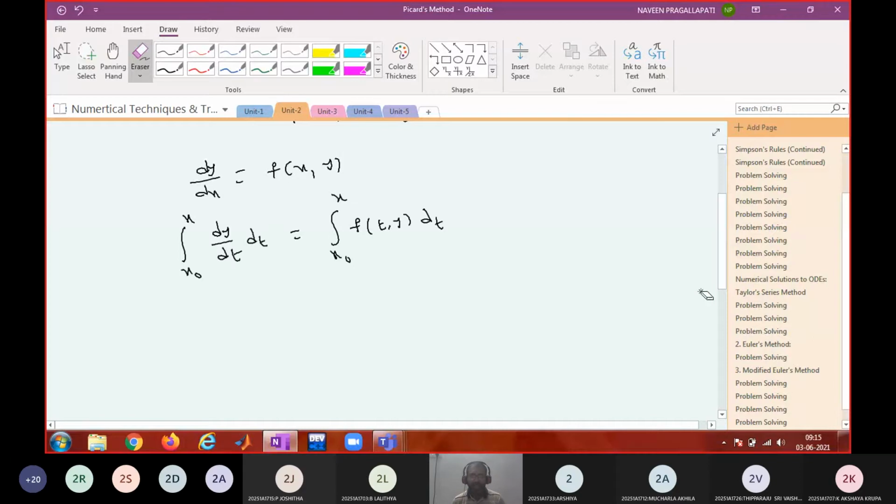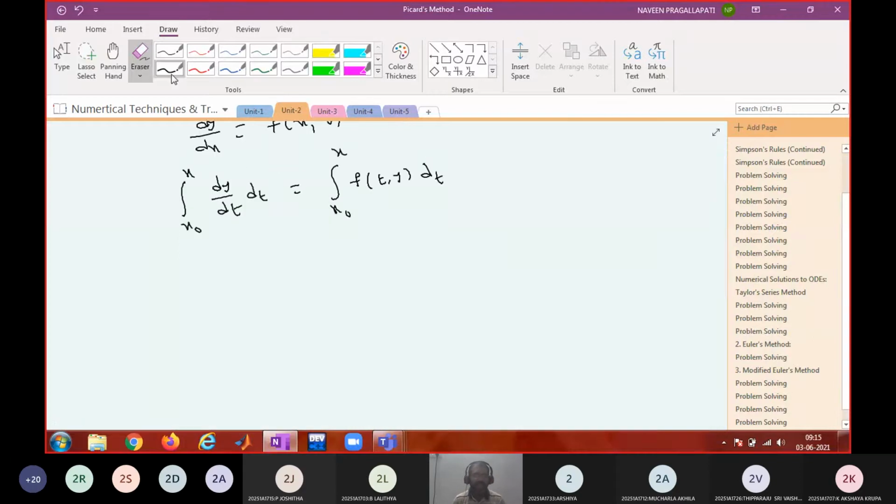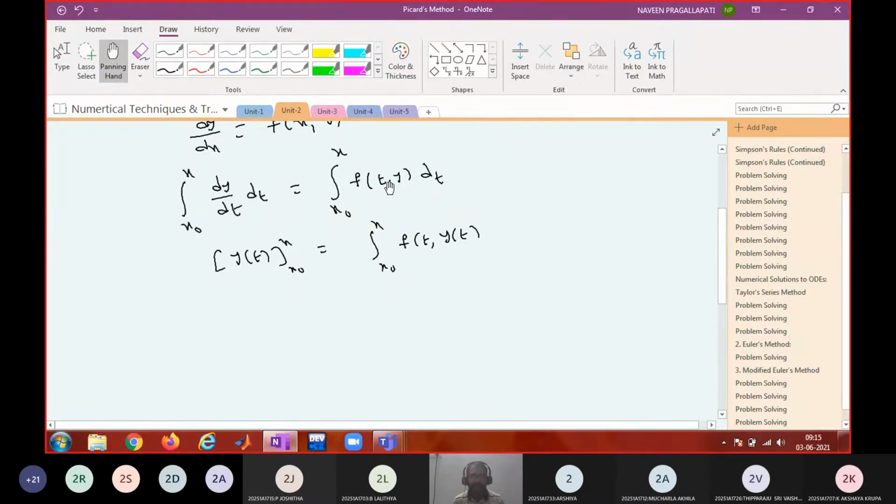Now, the integral of the derivative is y. So this is y of t with the limits from x naught to x, equal to the integral from x naught to x of f of t comma y of t dt, because y depends on the independent variable.